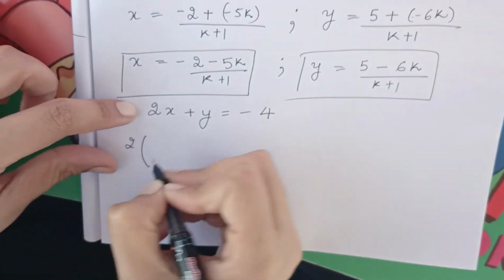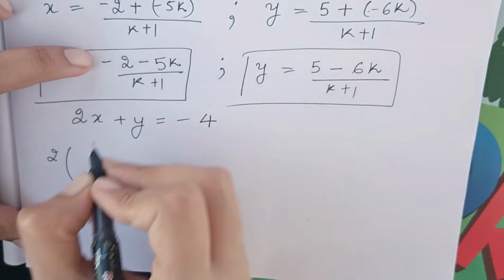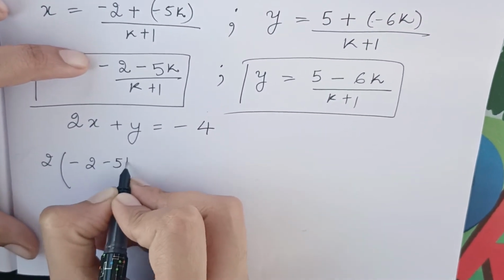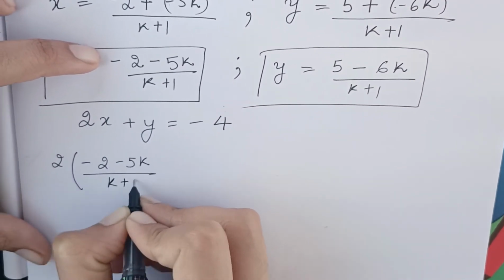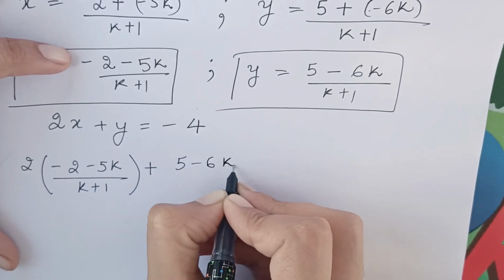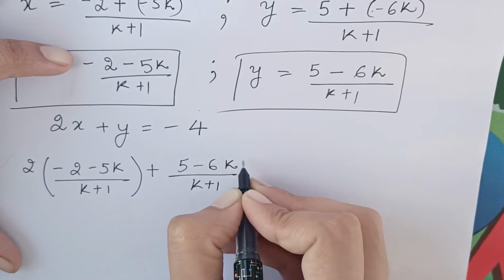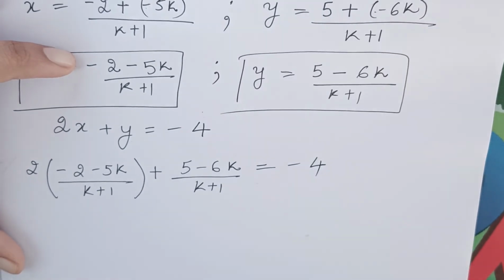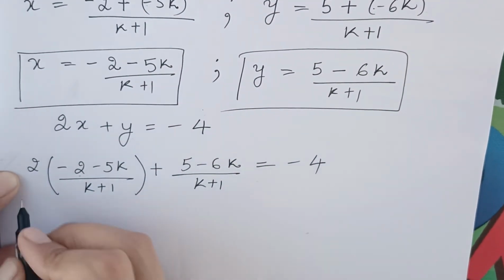2 into x, which we have found just now, so 2 into minus 2 minus 5k upon k plus 1, plus y. Y also we have found, 5 minus 6k upon k plus 1, is equal to minus 4. Now we will do the multiplication here.